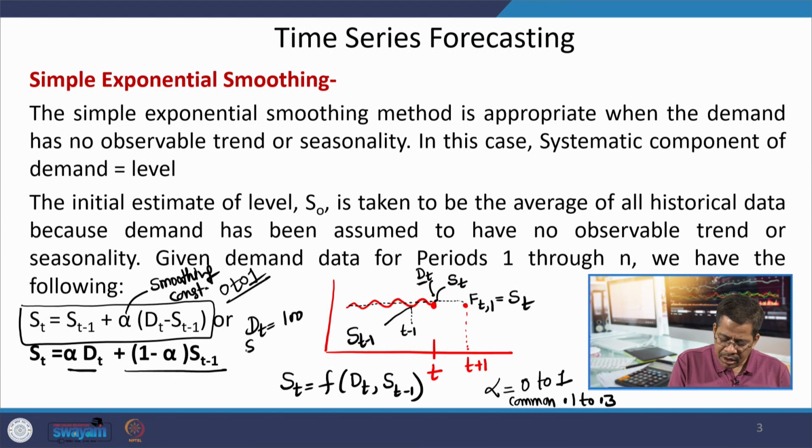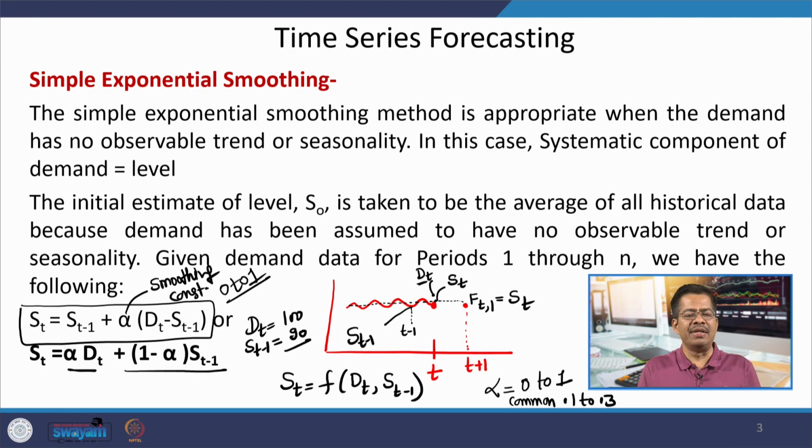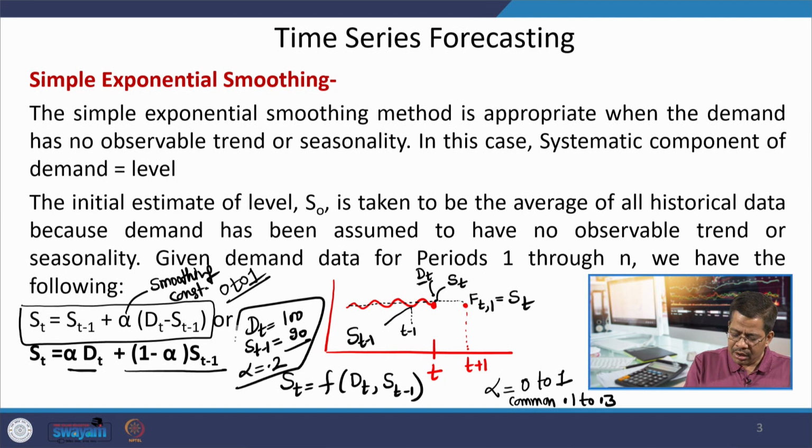100, and ST minus 1 is 90. ST minus 1 is 90 means for my current period I forecasted 90 units, but the actual demand came to be 100 units. I want to forecast for the next period. So, what I am going to do, let me take alpha equals 0.2.